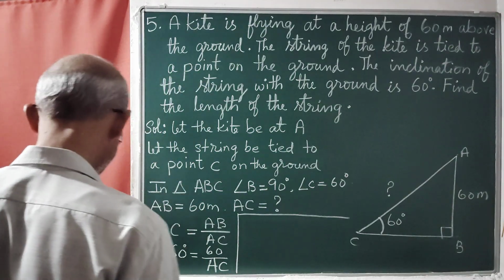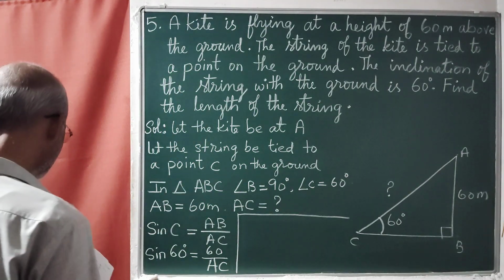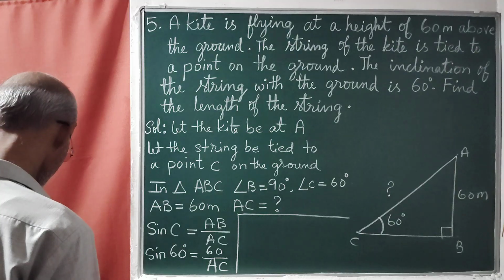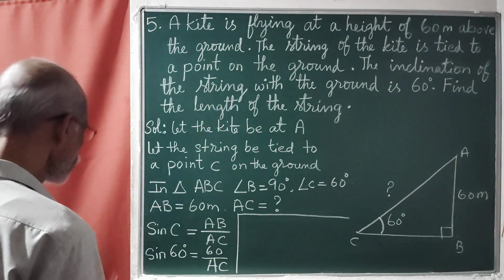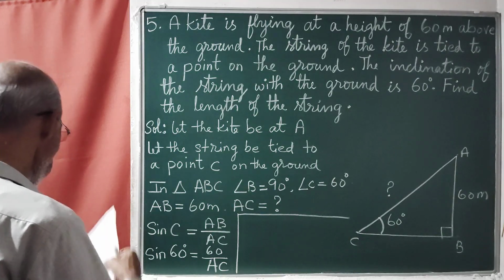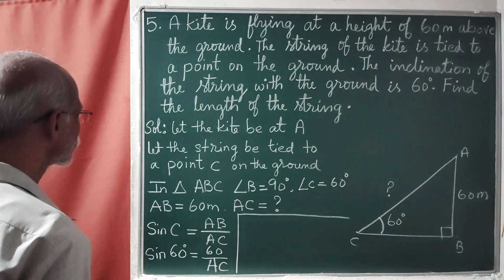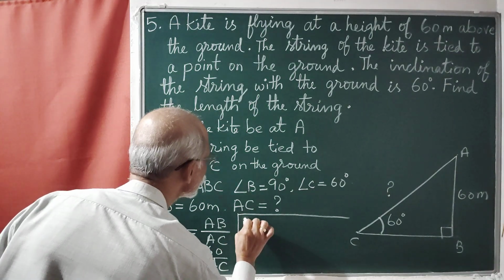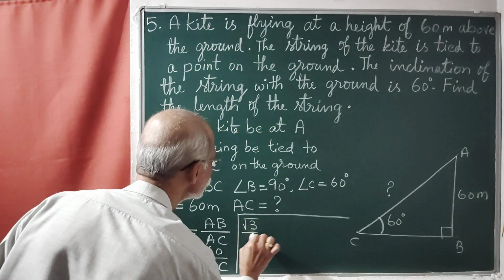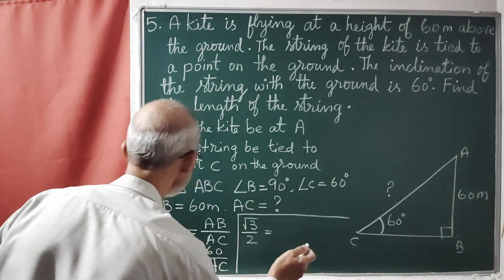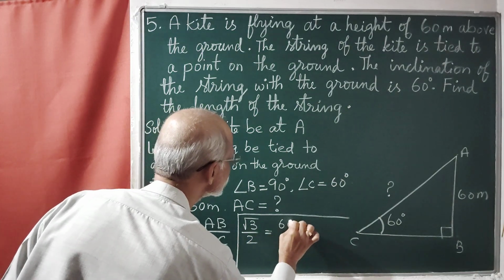The value of sin 60 is root 3 by 2. So root 3 by 2 will be equal to 60 by AC.